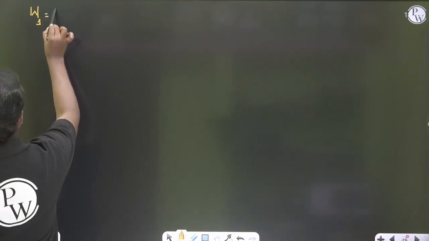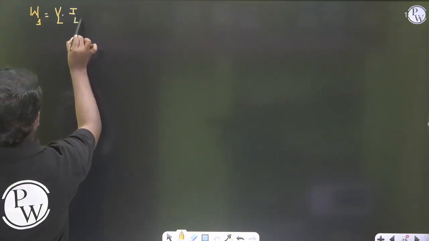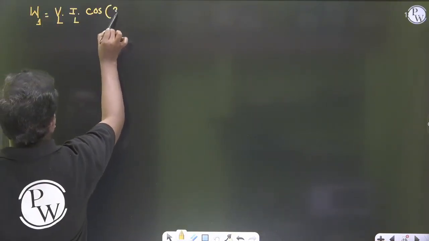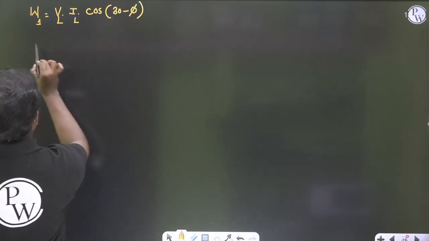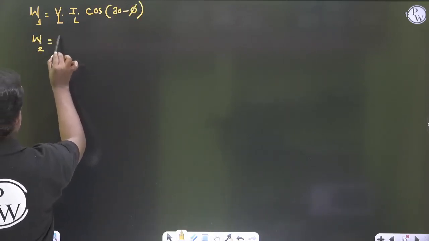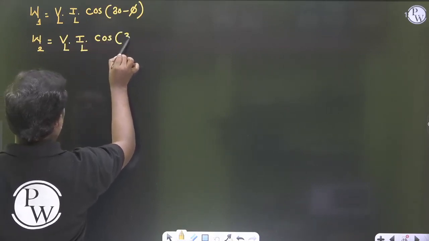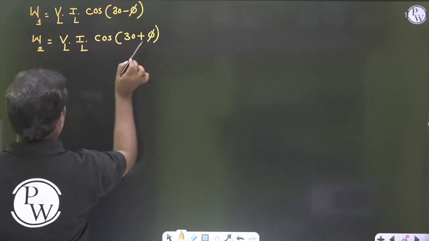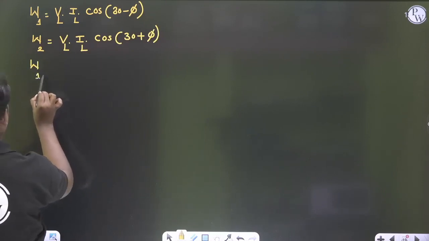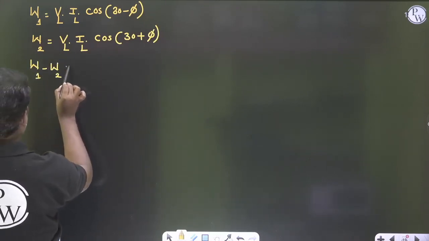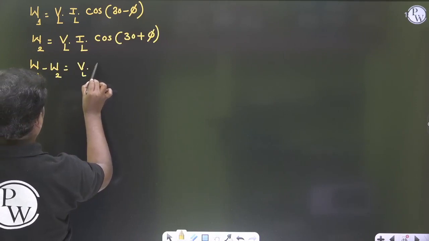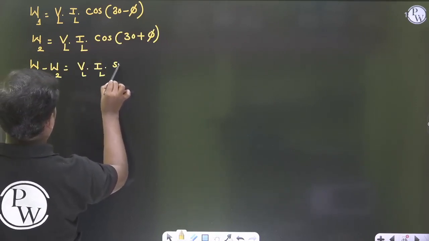First, the W1 equation, I got it as VL IL cos of 30 minus phi. W2 equation, I got VL IL cos of 30 plus phi. W1 minus W2, I got as VL IL sin phi.